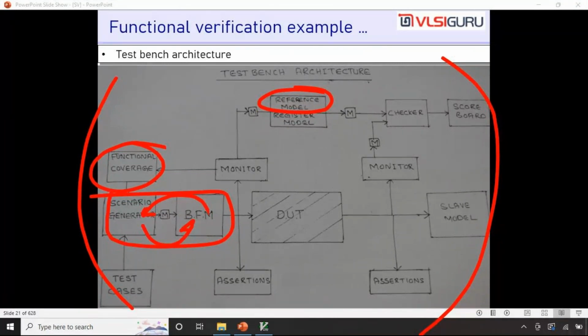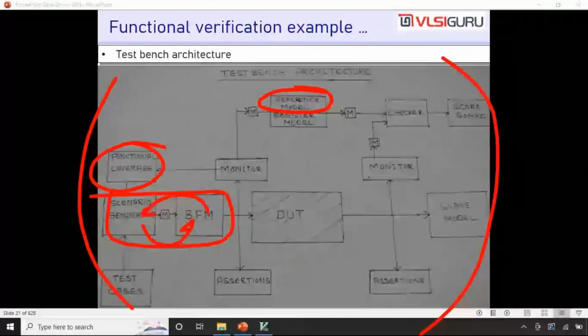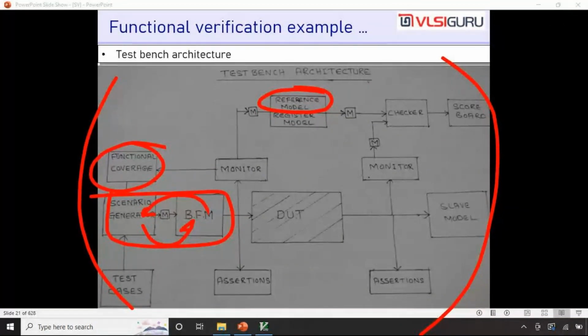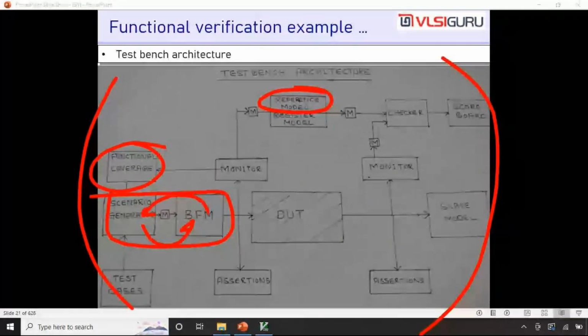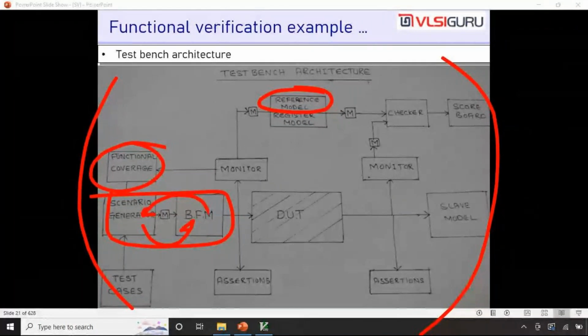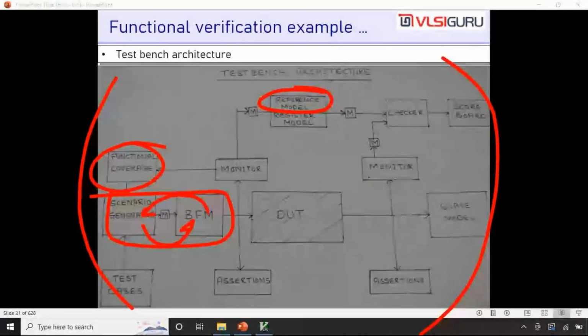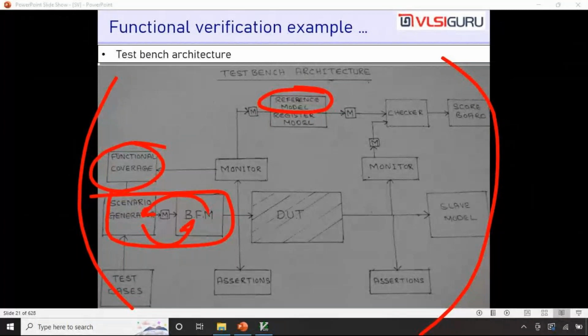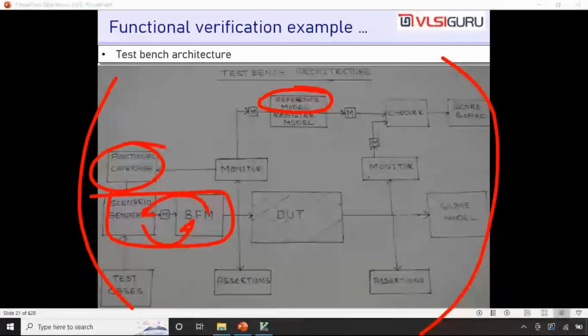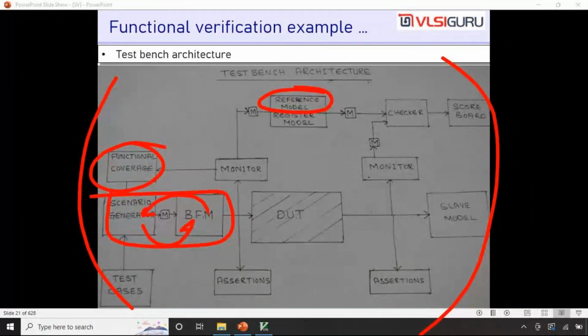It makes many things easier because you can distribute the work among 10 people. Your responsibility is the generator; he doesn't bother about what the BFM, monitor or reference model is. He will develop the generator and we can integrate everything. If I develop everything in a single place, we can't do that. I can't code the initial 10 lines and ask another person to code the next 10 lines. Whereas with this approach, it is possible.